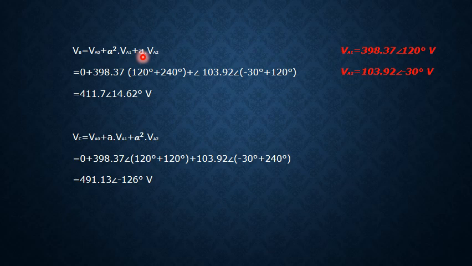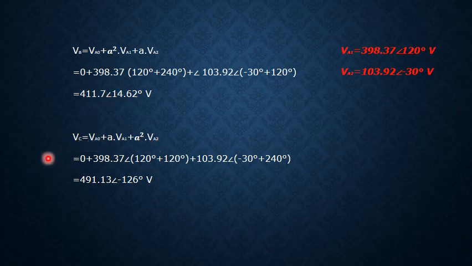It will be equal to 1 at an angle 120 degrees, having a magnitude of 1 and an angle 120 degrees. So this is the value of negative sequence component line voltage. So minus 30 plus 120. If you simplify it, you are going to get Vb as this much.